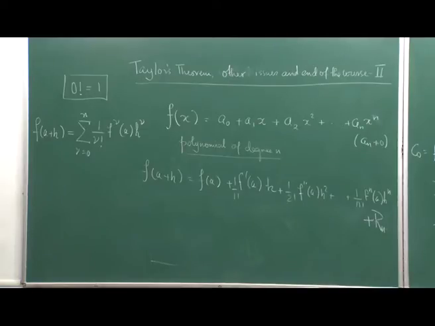To prove how the remainder term looks like needs a lot of work to be done, which we are not going to get into, because in the last class we do not want to get into too much detail.